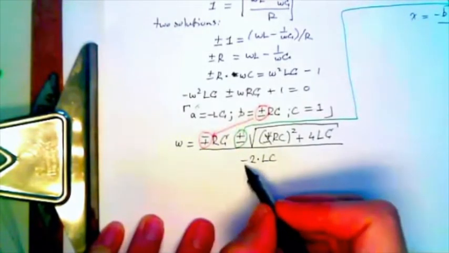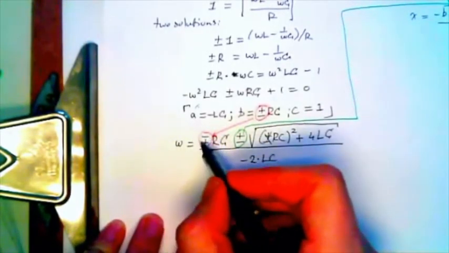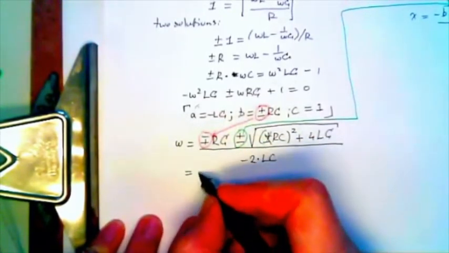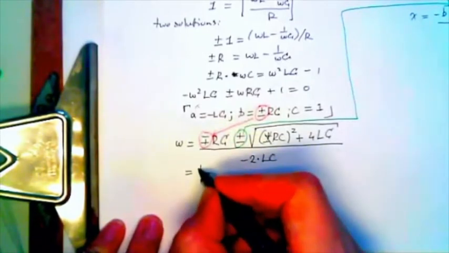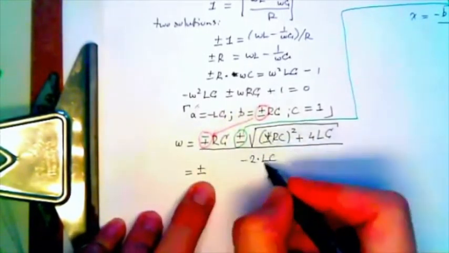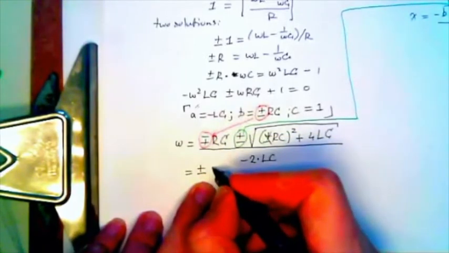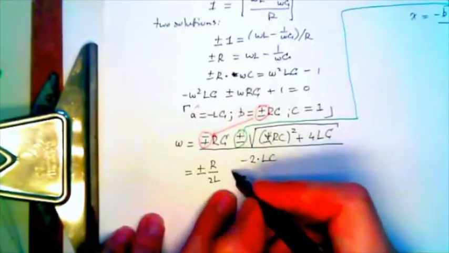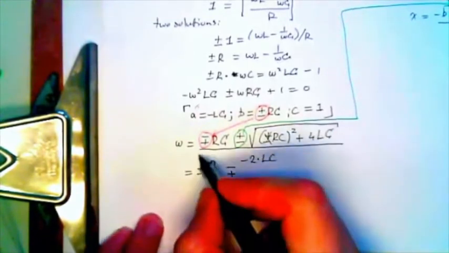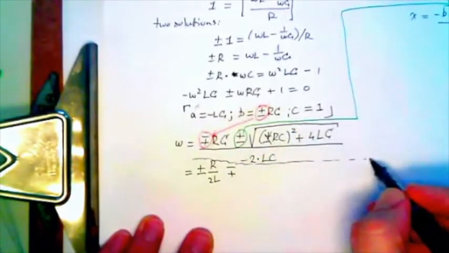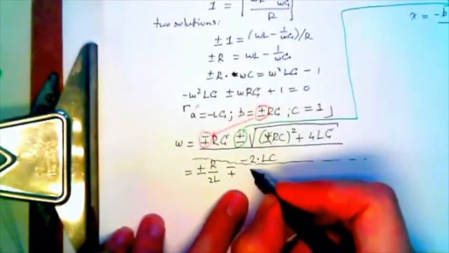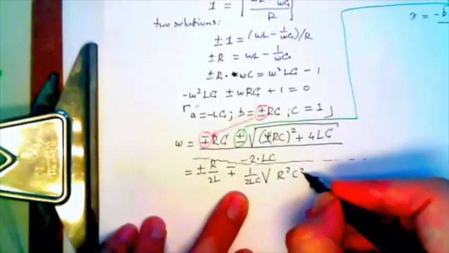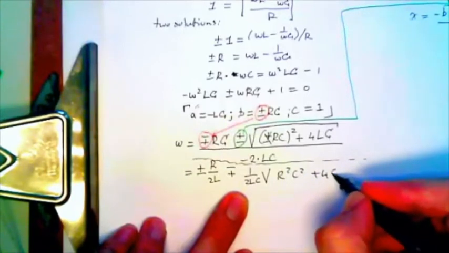When we divide by minus 2, we flip the sign of this expression again, but now we're going to flip this sign, and I will get a plus minus, and now the c's are going to cancel, so we'll get r over 2l, and now here we're going to get minus plus again. Make sure that I keep these separate. And then that's 1 over 2lc with the square root of r squared c squared plus 4lc.